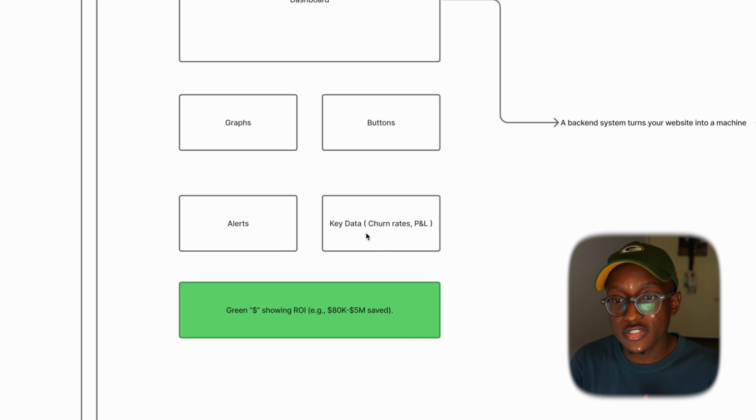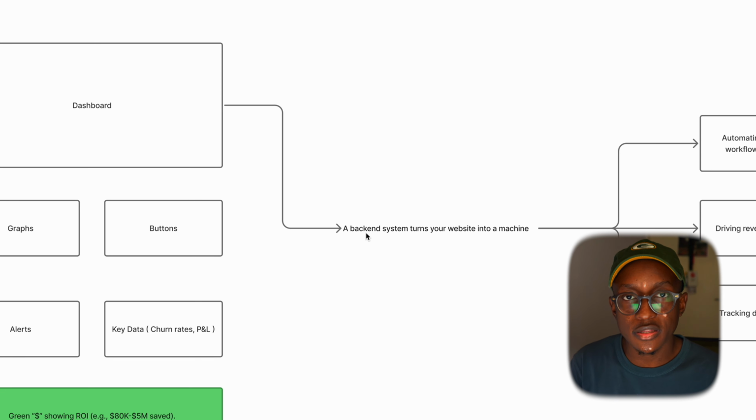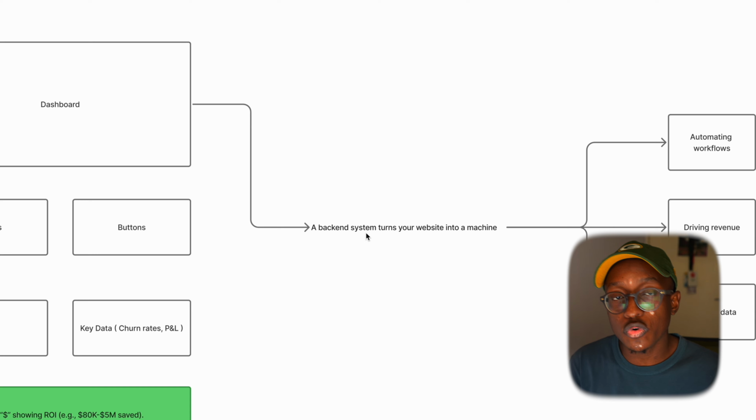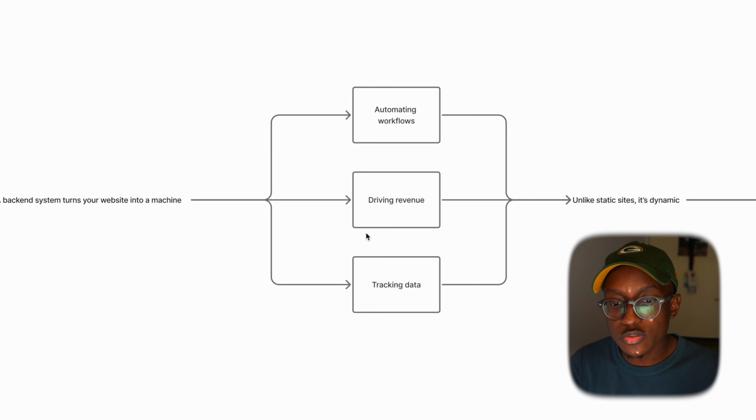And all of this means that a backend system basically turns your website into a machine that allows you to drive more revenue for your business. And what does it do? It basically automates workflows, drives revenue, and tracks data.